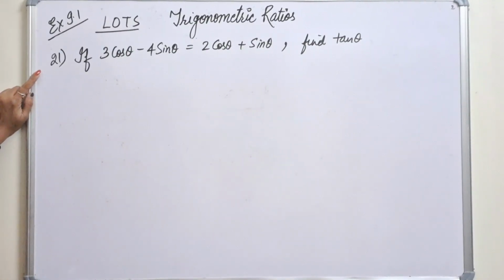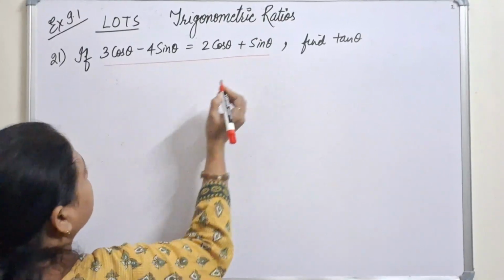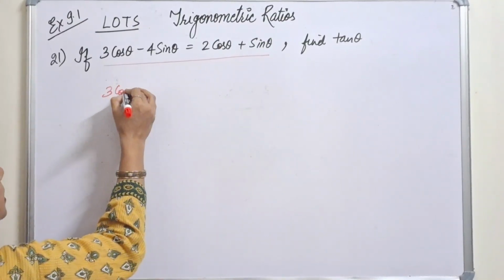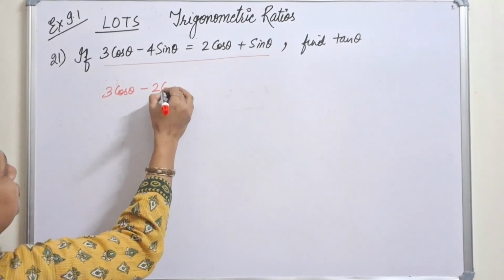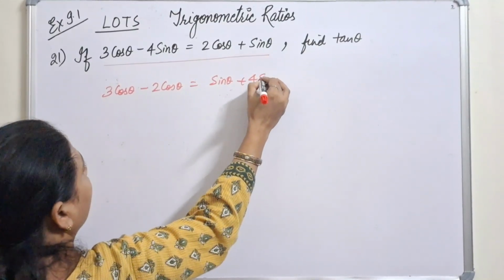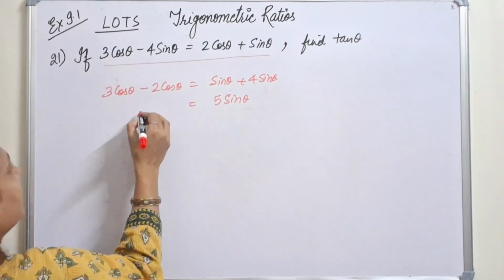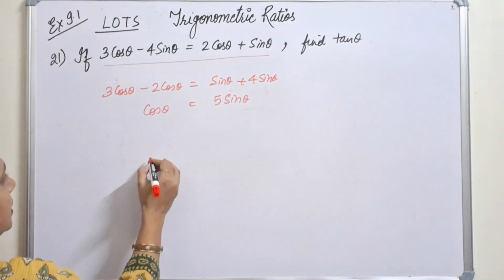If 3 cos theta minus 4 sin theta is equal to 2 cos theta plus sin theta, then you have to find the value of tan theta. So it is just like an equation. So 3 cos theta minus 2 cos theta is equal to sin theta plus 4 sin theta. So this will be 5 sin theta and this is cos theta.